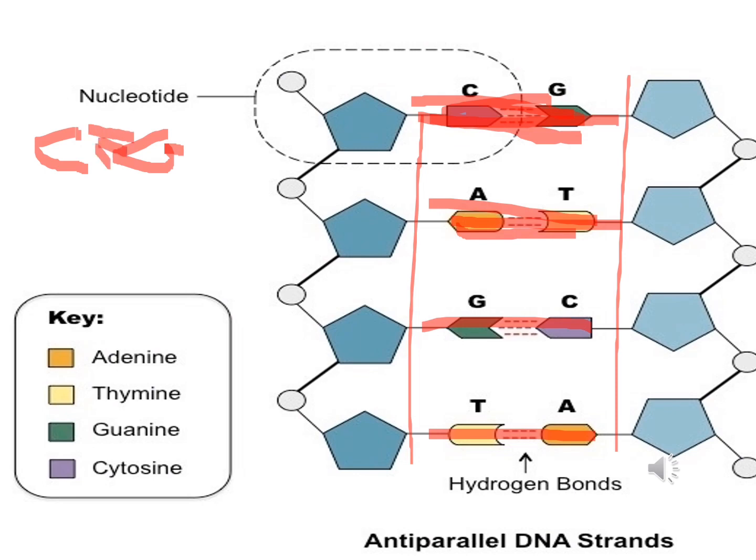And the A has to pair with T always, and between them we have 2 hydrogen bonds. So purine with pyrimidine, and more specifically, C with G, A with T. And if it's an RNA molecule, you have to change the T with U. So when you see the base pair A with U instead of T, this is the RNA.